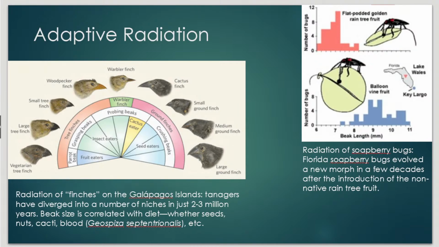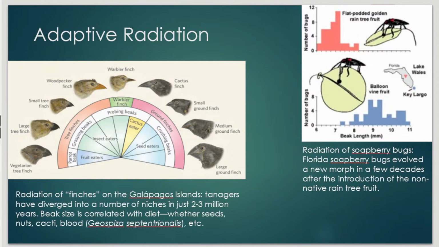On the left, you have the Galapagos finches, or tanagers, and there are, I think, 13 species in total. One population radiated in just 2 to 3 million years on these islands and filled a whole bunch of niches. So it wasn't just one species split into two. It's a whole bunch of species all at once.